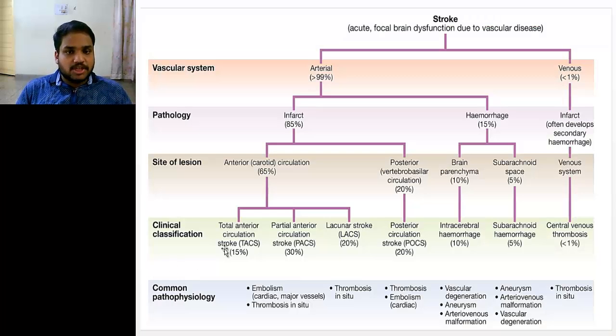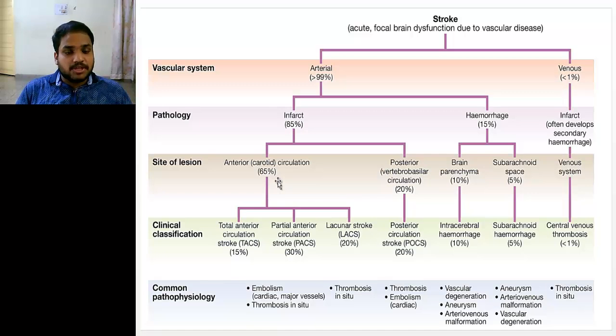So this is the classification of stroke that is given in our Davidson. Stroke, we can classify into arterial and venous, arterial infarct as well as hemorrhage, infarct or ischemic strokes. And then ischemic strokes, based on the site of lesion, you can classify into anterior circulation strokes as well as posterior circulation strokes.